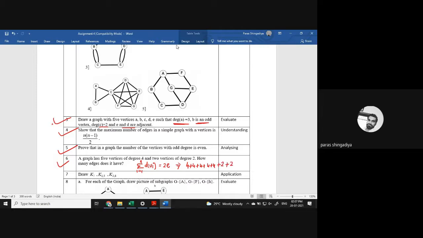Total are 7 vertices. Clear? And that is equal to 2 times of e.